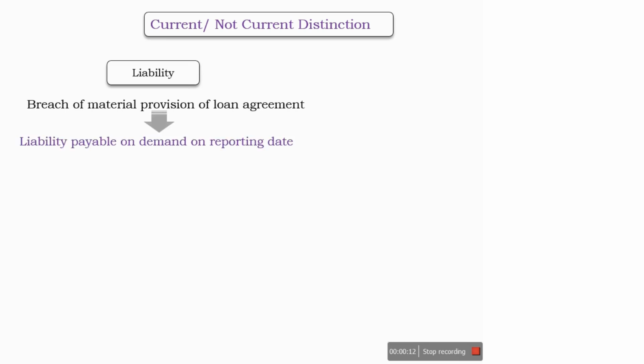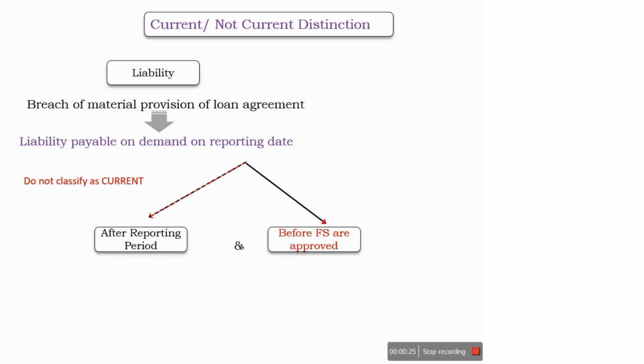Let's discuss another concept of classification of liability into current and non-current. If there has been a breach of a material provision of the loan agreement, and because of this the loan has become payable on demand at the reporting date, in this case we are not supposed to classify it as current liability if, after the reporting period and before the financial statements are approved for issuance, the lender agreed not to demand payment due to the breach of the provision.